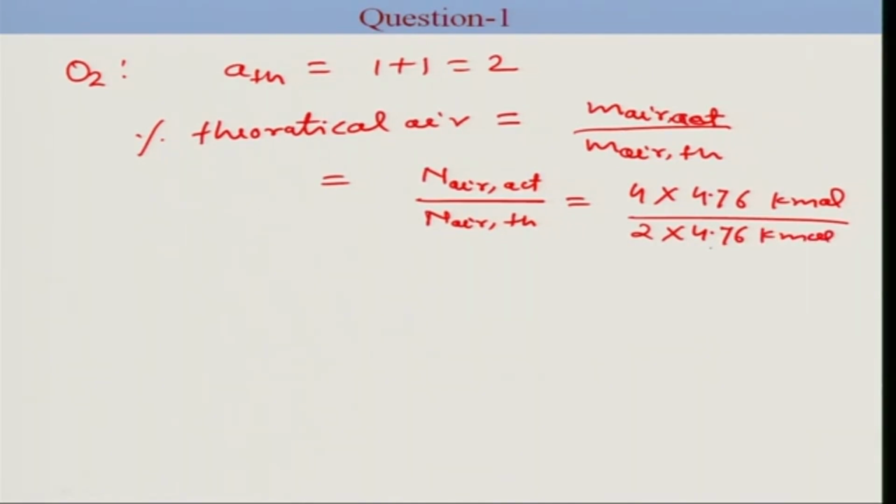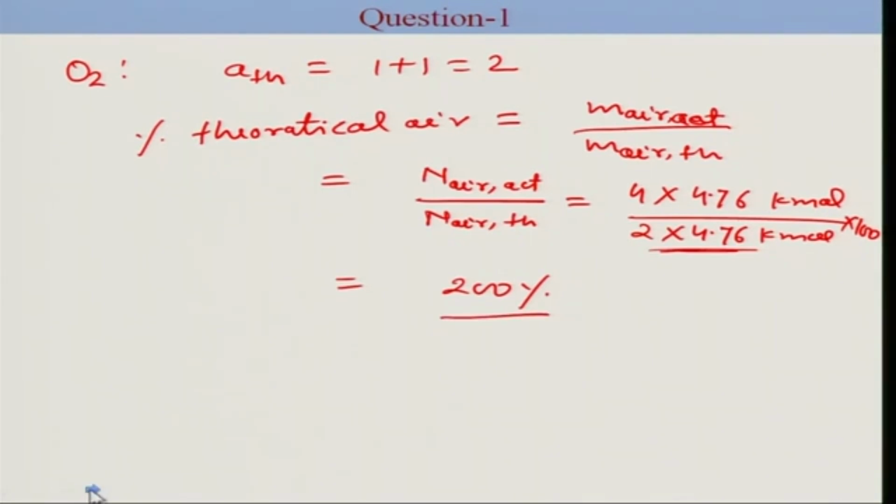Okay. This comes from theoretical combustion. Into 100. Now to get a percentage, so this gives 200% of theoretical air.